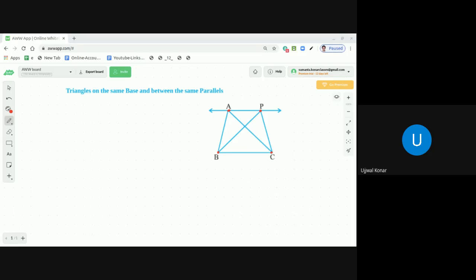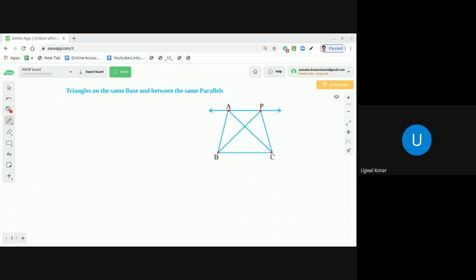Approximately you will find they are the same. Why am I saying approximately? Because whenever you do the calculation, there could be some kind of approximation, a small error during the calculation. Small error means errors which you can nullify, which you can ignore.